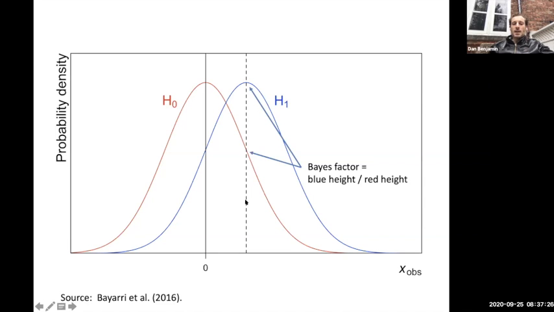Now what we're saying is pick some p-value, say the p-value 0.05, and that's going to correspond to some value for what we observe, and then we're going to have some density of having observed that under the null, and some density for having observed it under the alternative, and the Bayes factor is the relative height of those densities at that particular p-value. So that's the relative likelihood of having observed that value under the alternative relative to the null.